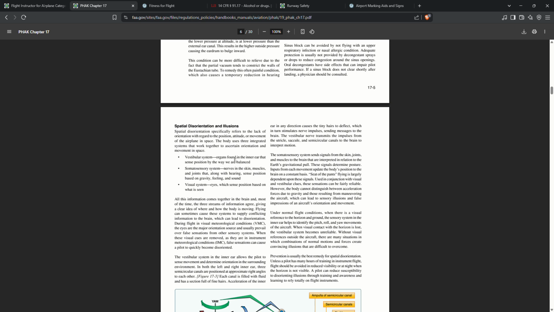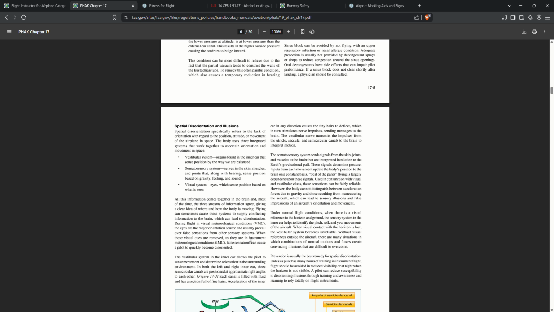So again, the inner ear senses position and the way we're balanced, and that comes with somatosensory, which comes with the nerves, the muscles, the joints, hearing, sense of position based on gravity, feeling, and then the visual, which is our eyes. All of these get affected when we get any infections, but also in IFR, because with IFR we lose that sense of visual, which is our body's primary way of knowing where we're at and how we're acting.